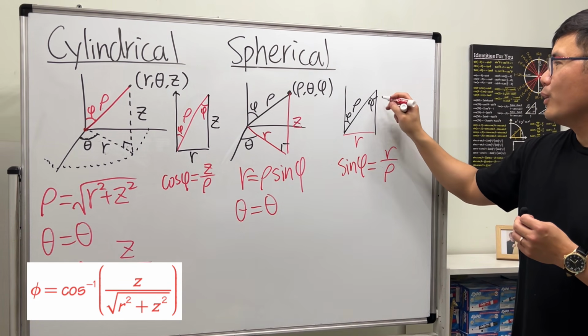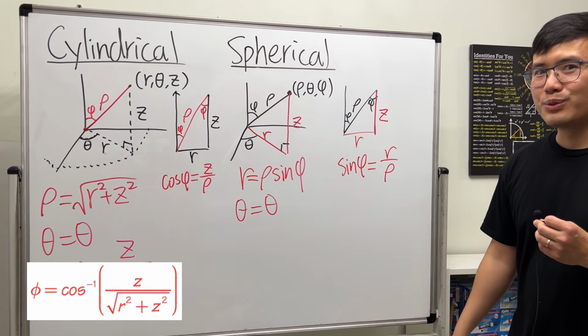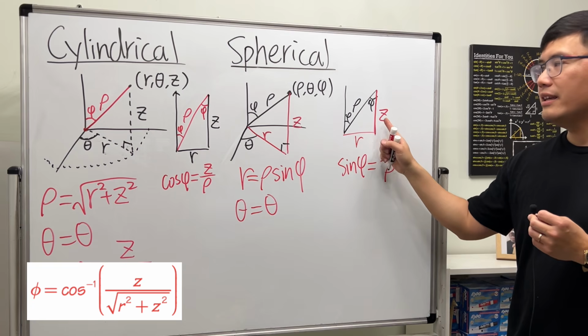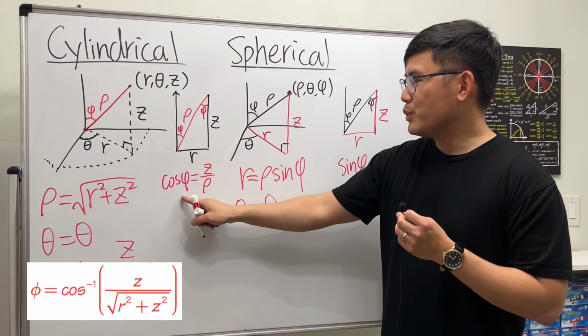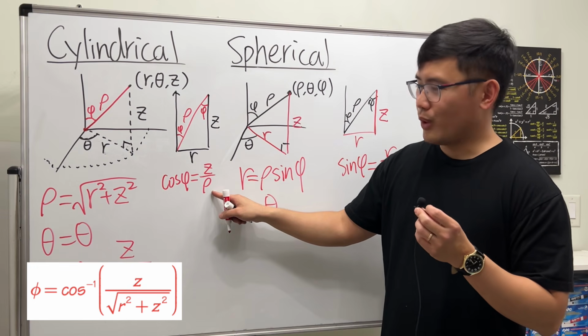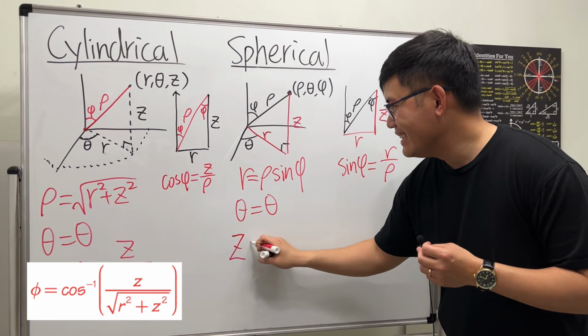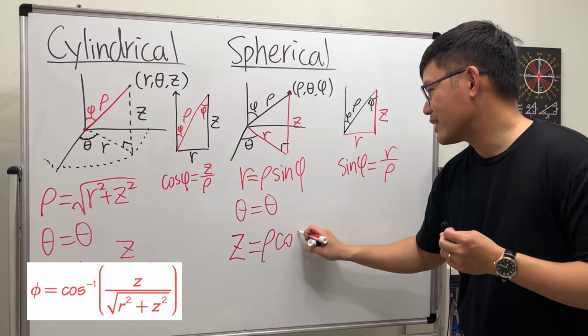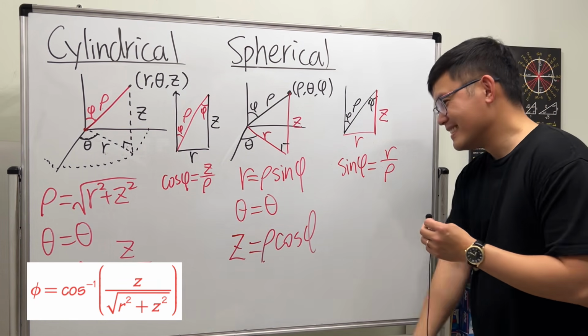Z is also right here already, right? And this time we can use what? Adjacent and hypotenuse. So we can say cosine phi equals z over rho, and then we can just multiply the rho on both sides. So z equals rho times cosine phi. Done.